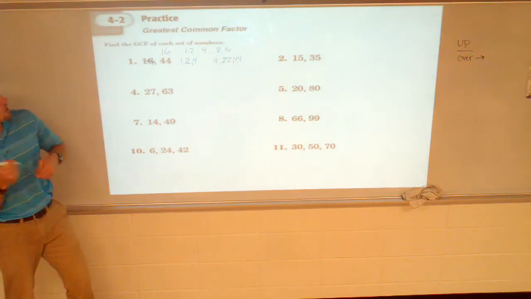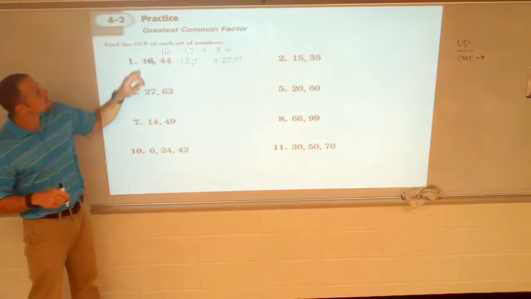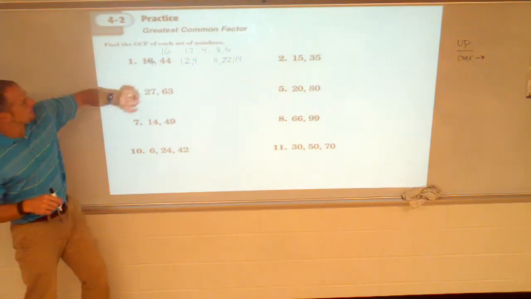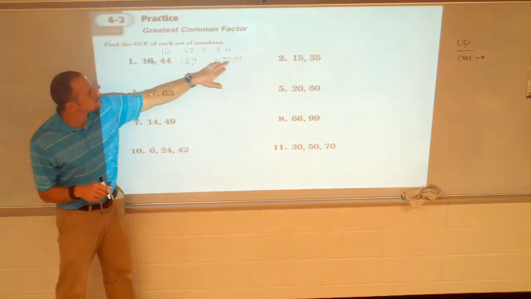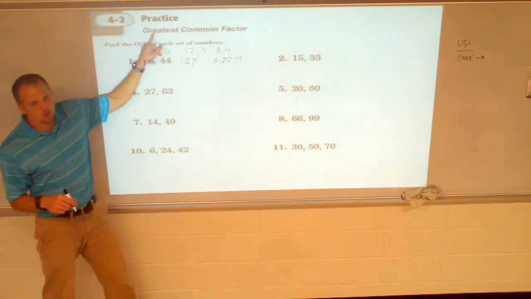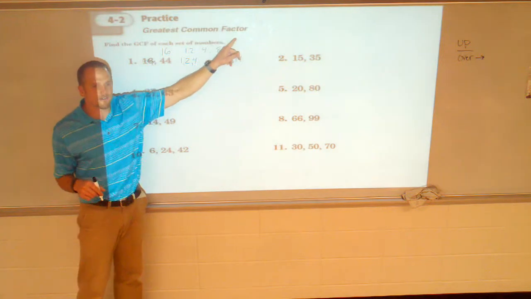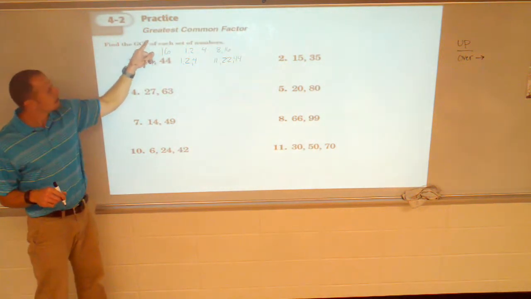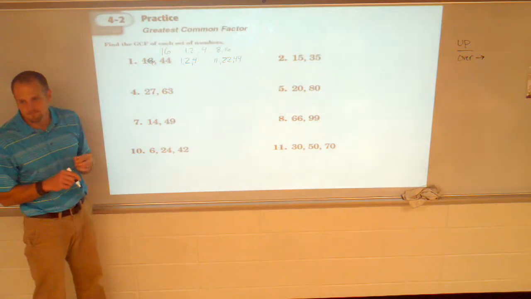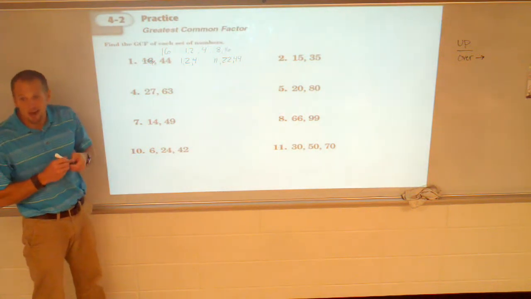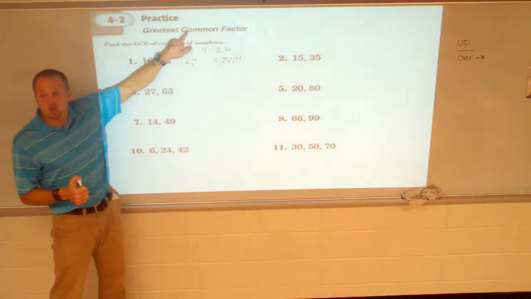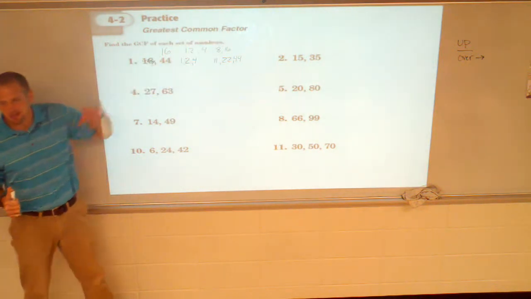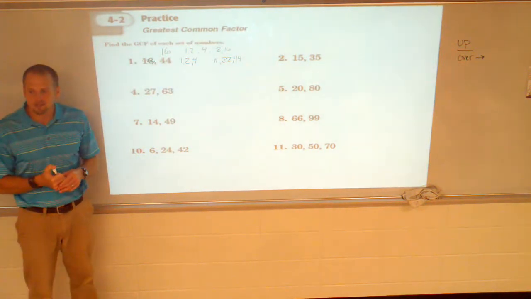All right? So, as I'm looking at this, here's the answer that I need to find. These are all of my factors. What I'm looking for is my greatest common factor. What does greatest mean? Linda, what does greatest mean? Biggest, all right? So I'm looking for the biggest. What does common mean, Calvin?